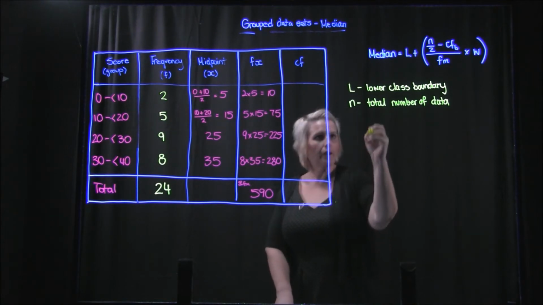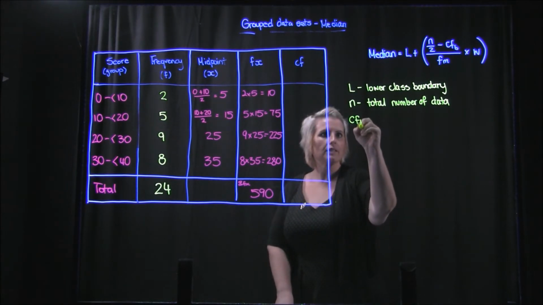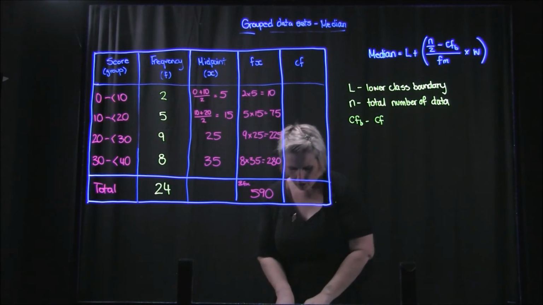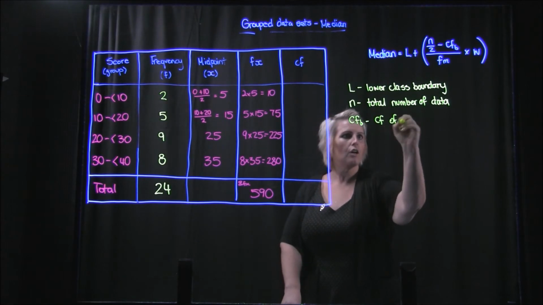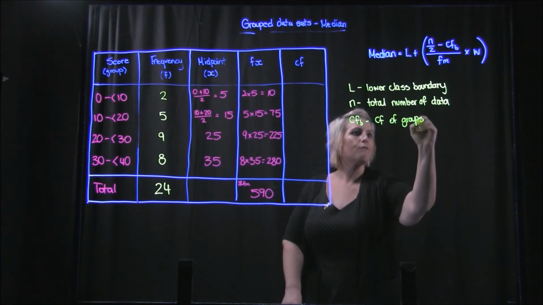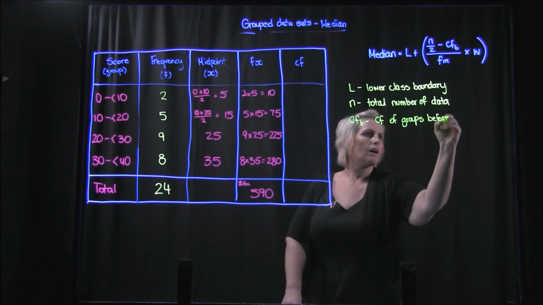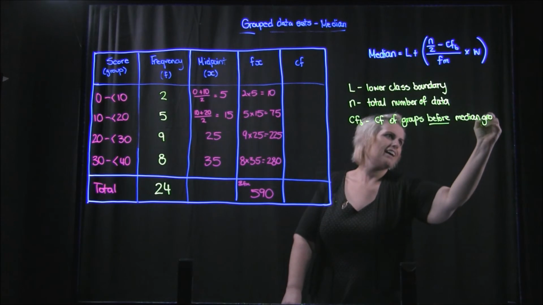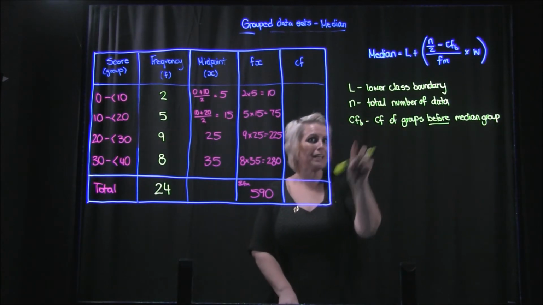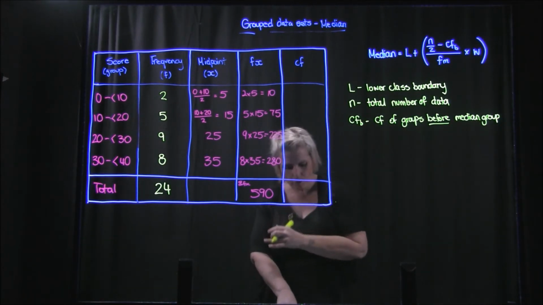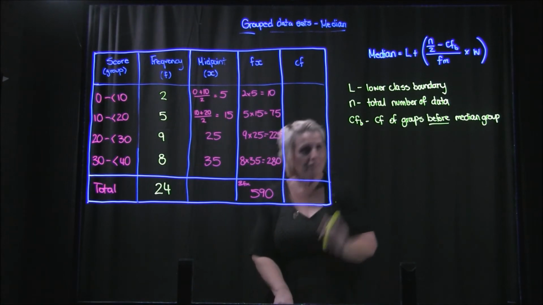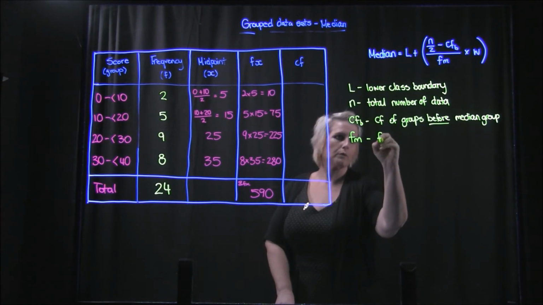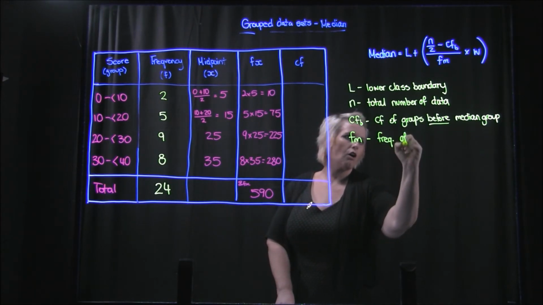Then we have CF with a little b. That is the cumulative frequency of the groups before the median group. The little b just stands for cumulative frequency before the median group. And then our F with a little m is the frequency of the median group.